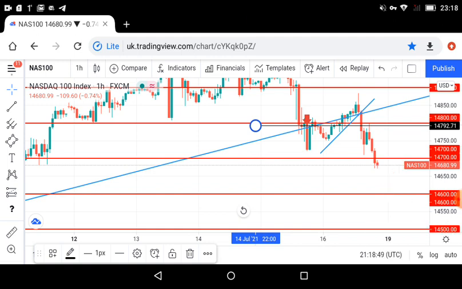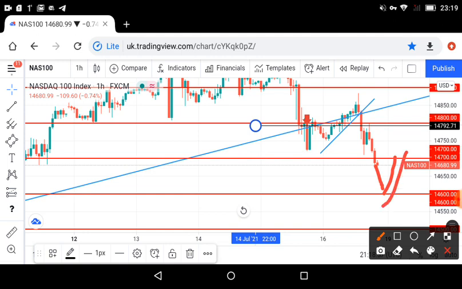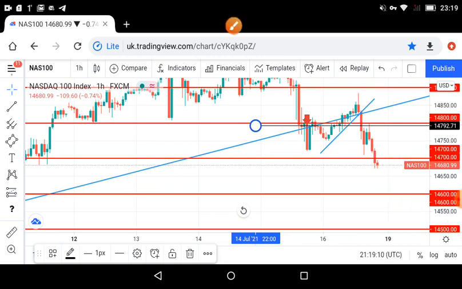I will let the market drop however, and wait for the pullback. Once the pullback is done, I'm going to put my line there. Once the market breaks below my minor pullback line, then I'm going to take my sell trade up to the next level. If it breaks below, I'll continue holding the trade up to the next level. So it's a very simple plan. We just have to wait for the pullback, and after the pullback, we jump in on a sell.